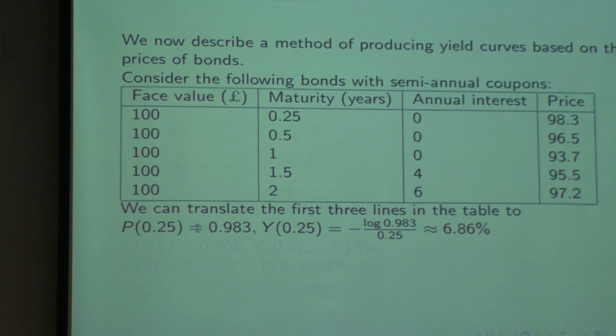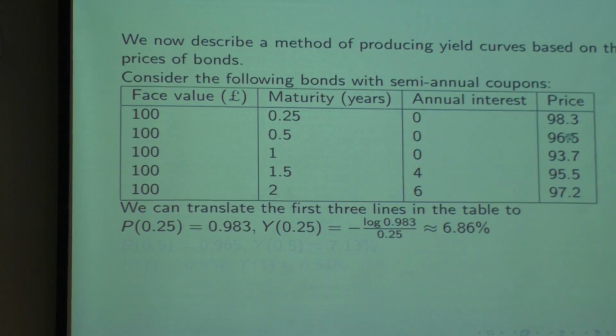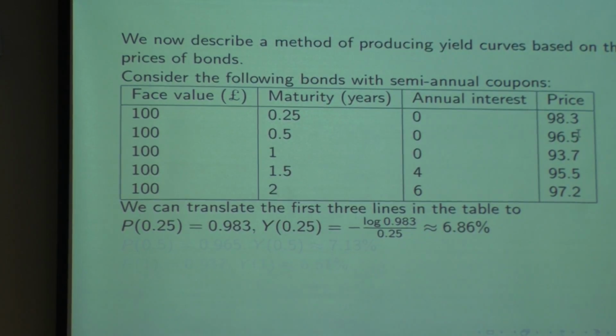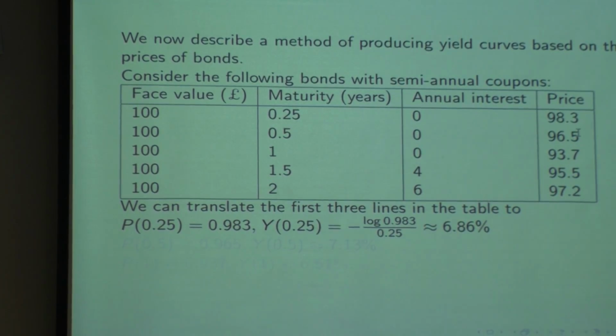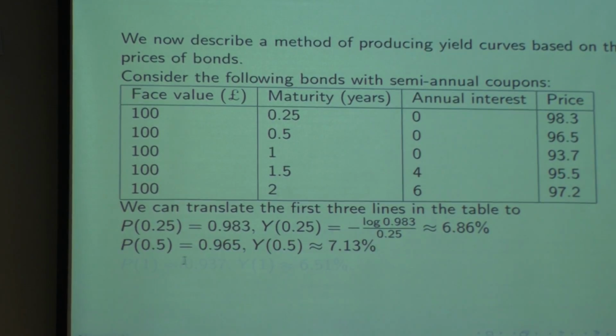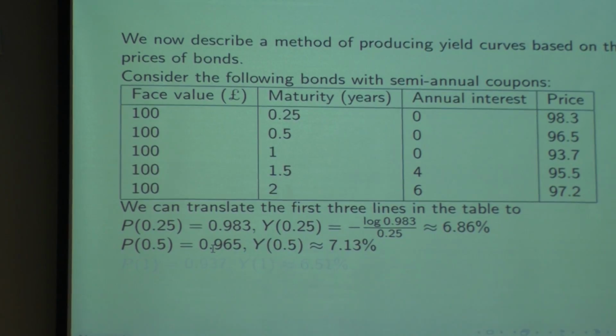Now we can look at the second line. What is the price associated with the second line? That's the price of a payment of £100 paid in half a year. So how much do you pay now to get £1 in half a year? Well, you pay 96.5 divided by 100. And this tells you right away that p of 0.5 is this.